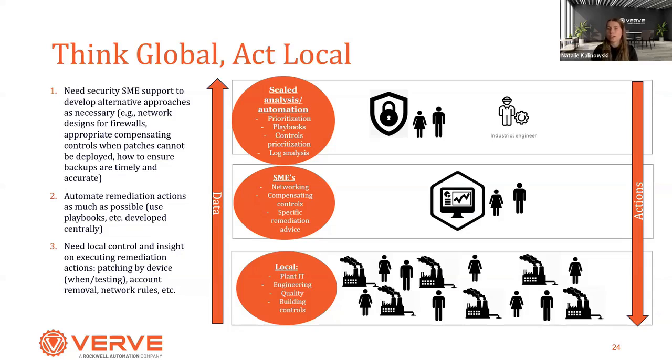But then when you scale that and you have more locations that you're worrying about, you might not have a cybersecurity team at each of your locations. And that's where your subject matter experts really come into play. So enabling them to have access to information on all of your sites so that they can make sure that your actions are consistent and efficient across all your sites.